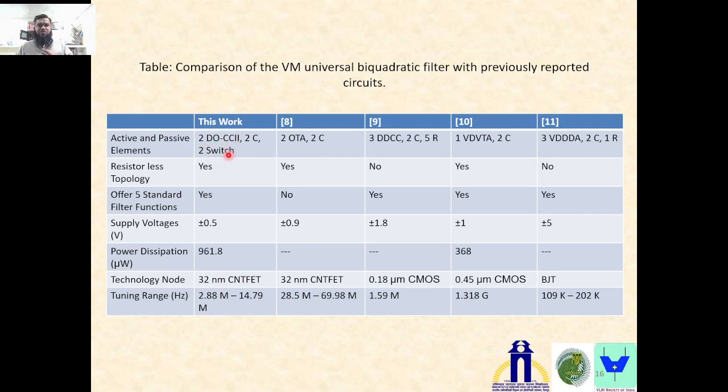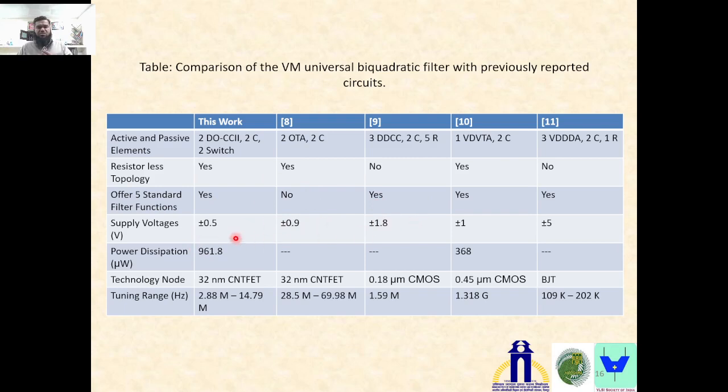We have no resistor. This one also has no resistor, but this and this reference have resistances. This circuit is also free from resistors. So all of them except this one provide all the responses.